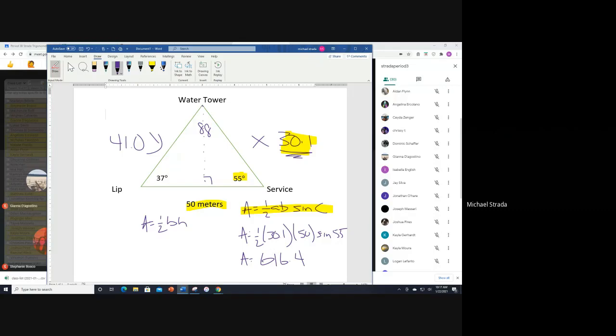I can take that area and replace that area with it. So basically, I'm just going to transfer that value over. So 616.4 equals 1/2. The base is 50. And then the height is the unknown we're trying to find. Half of 50 is 25. So if I divide 616.4 by 25, I get a height of approximately 24.7.